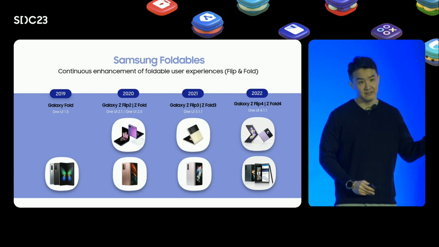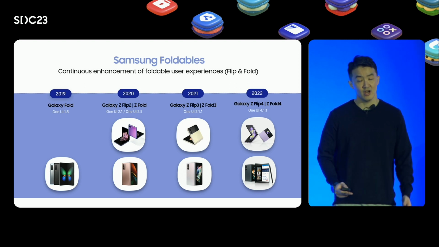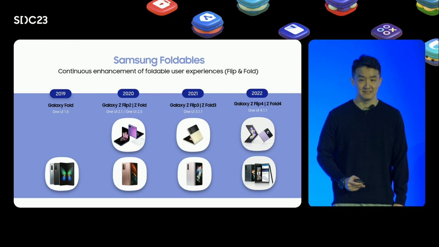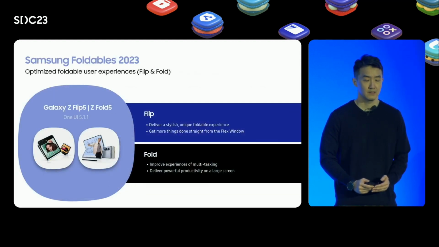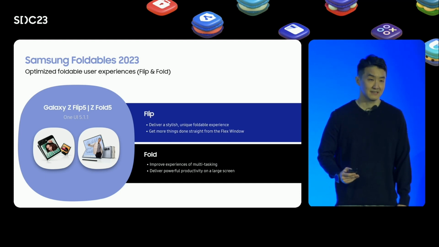In 2019, Samsung launched the first generation of Galaxy Fold. After that, we have launched Galaxy Foldable devices every year. This year, we announced our fifth generation of Galaxy Foldables, Galaxy Z Fold 5 and Z Flip 5.